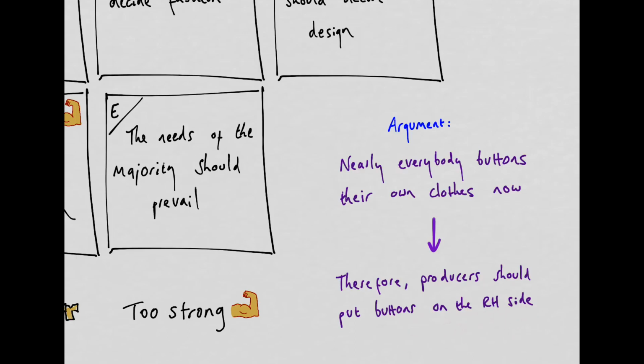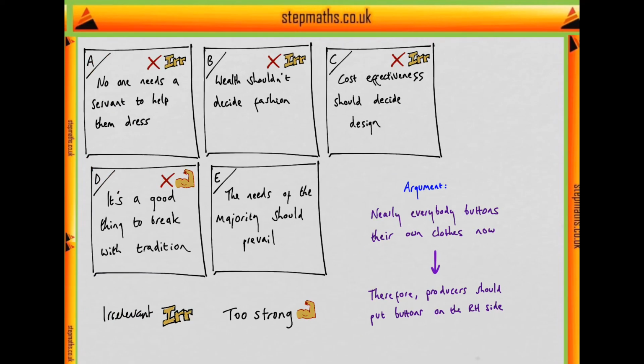Well, because the majority of people button their own clothes now, and the majority, or rather the needs of the majority, should prevail. Because more people are right-handed than left-handed, and because there are very few servants who help women to dress anymore, the needs of the majority demand that producers should put buttons on the right-hand side on women's clothes. And so option E does seem to identify the principle underlying the argument.